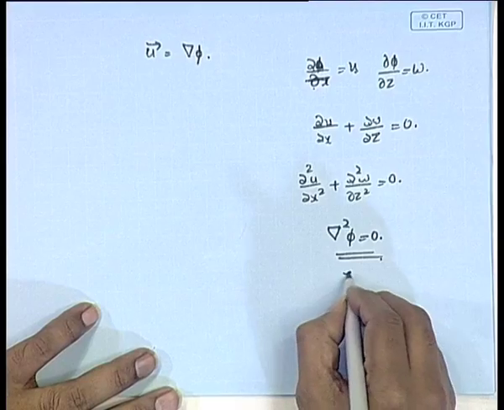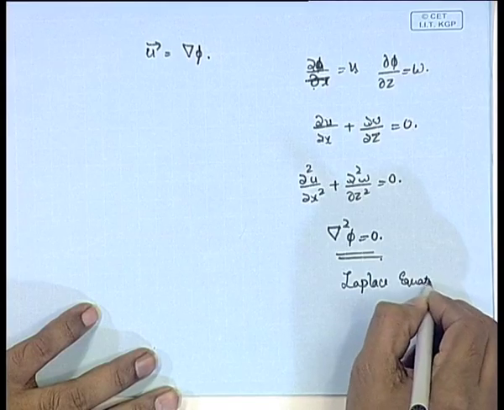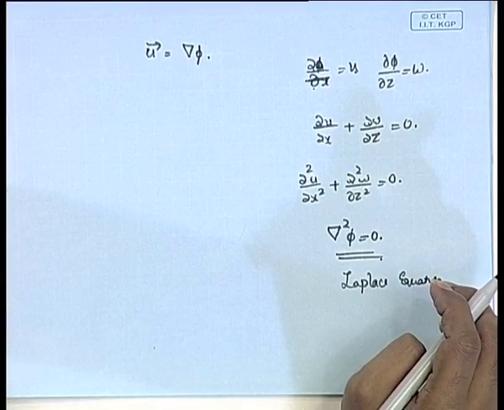This equation is known as the Laplace equation and is the basic equation for waves. This is the equation that describes a wave. When a fluid particle obeys the Laplace equation, there are some basic assumptions, the first of which is that potential exists.